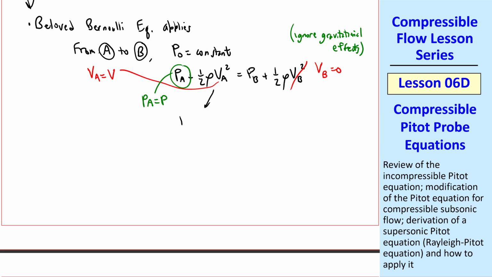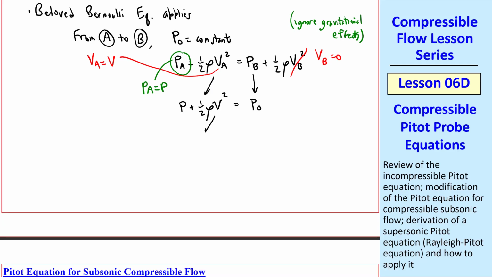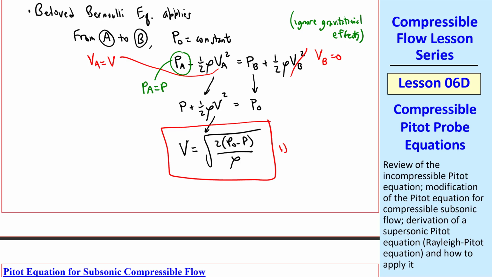So our equation reduces to P plus 1/2 rho V squared equals P0, since PB is P0. And solving for V, we have V equals the square root of 2 (P0 minus P) over rho. This we'll call equation 1, the incompressible Pitot formula, or Pitot equation. This is the one you're used to in undergraduate incompressible fluid mechanics.